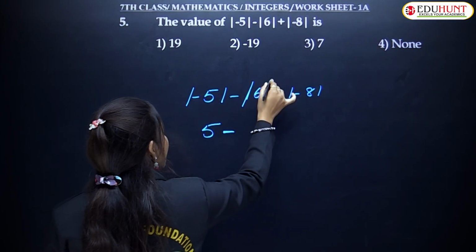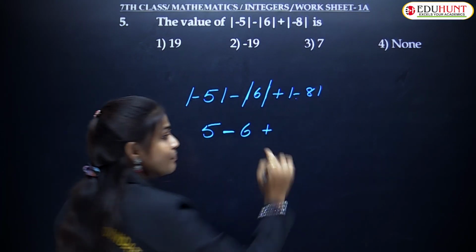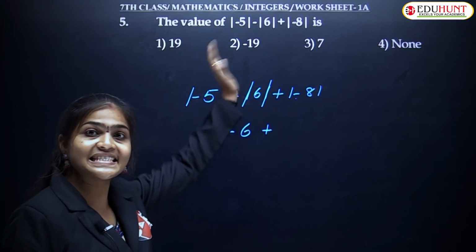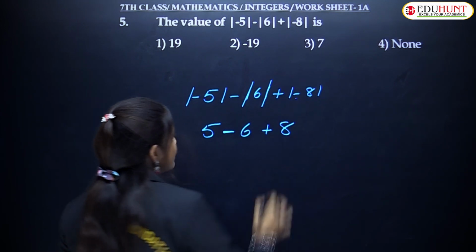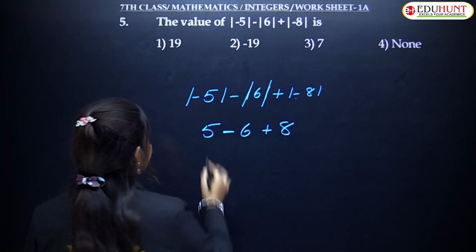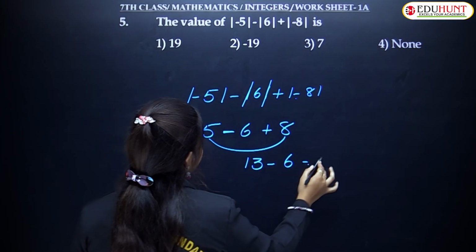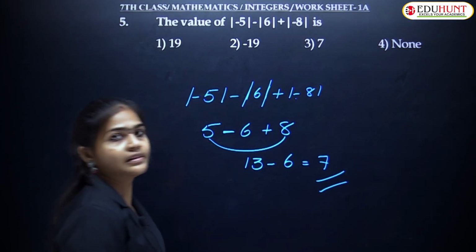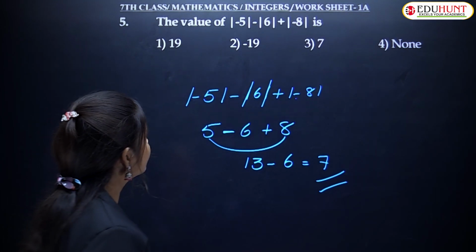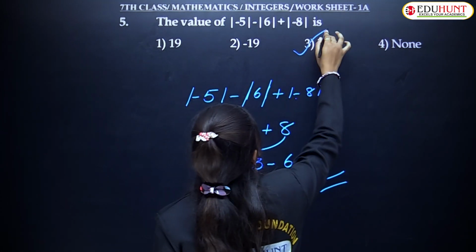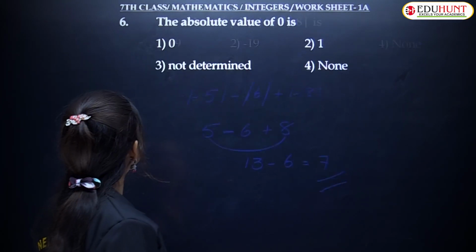The modulus of 6 is positive, plus the modulus of minus 8; the minus is inside the modulus symbol, so that value is positive. So 8 plus 5 is 13, and 13 minus 6 is equal to 7. Which option is correct here? Yes, option 3 is correct, that is 7.